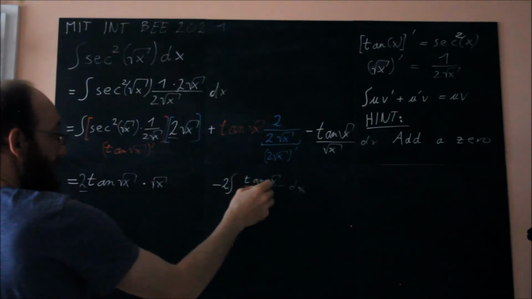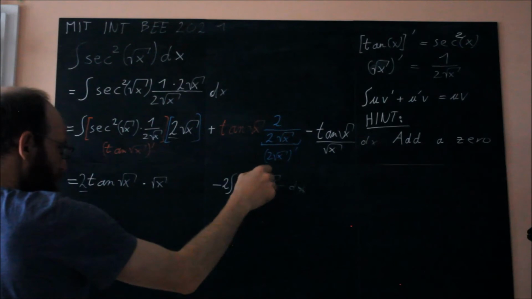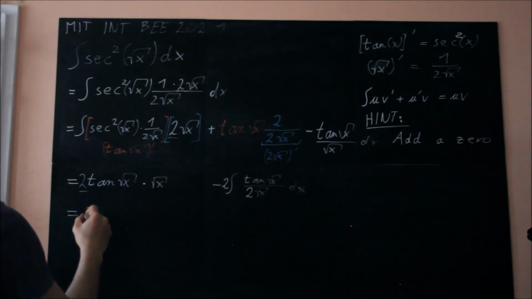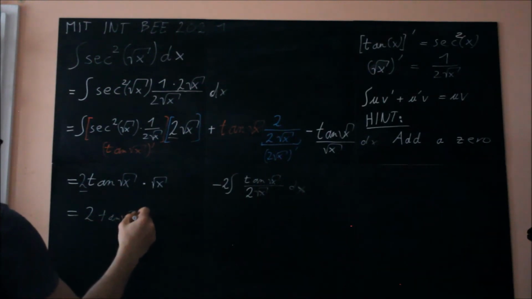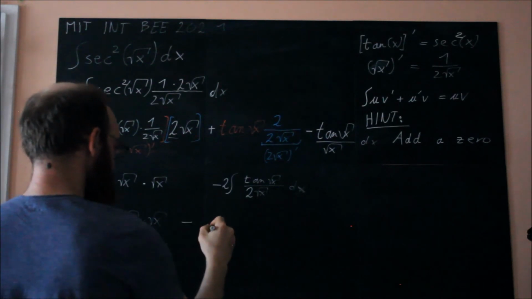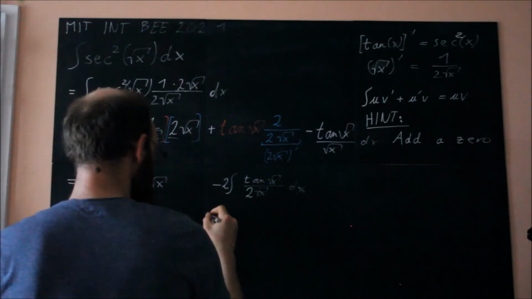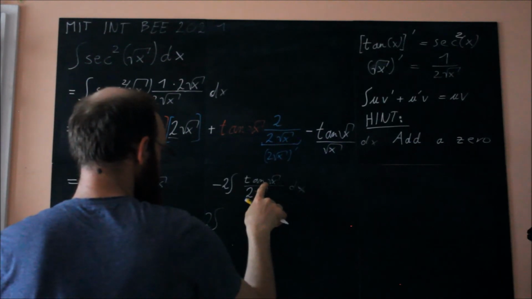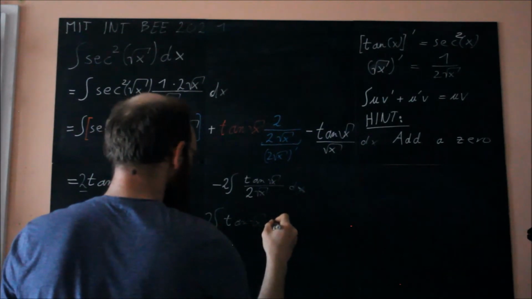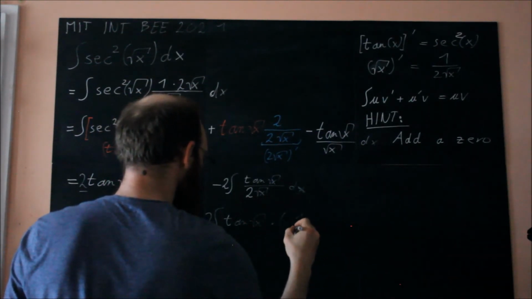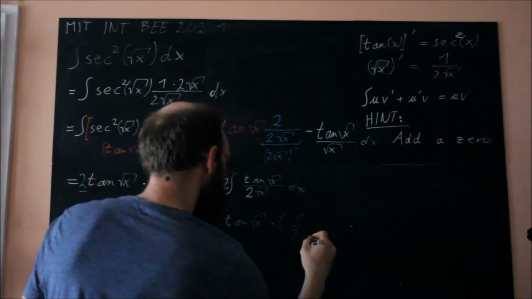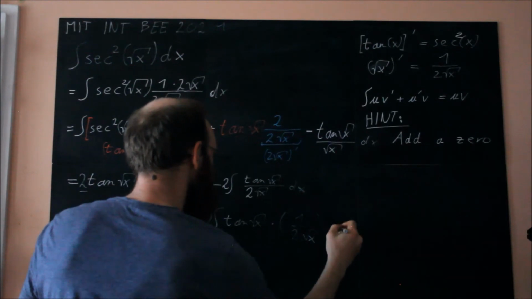So I add this 2 for the chain rule, and I write 2 times tangent square root x times square root x minus the integral of 2 times tangent square root x times 1 over 2 times square root of x dx.